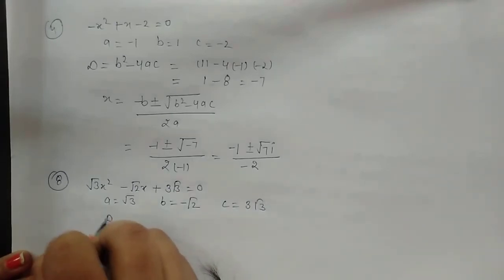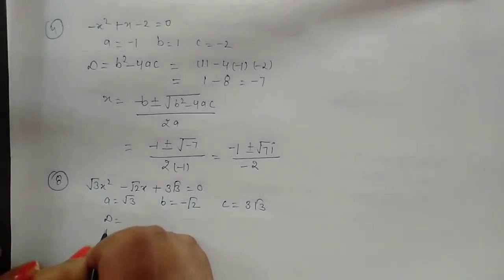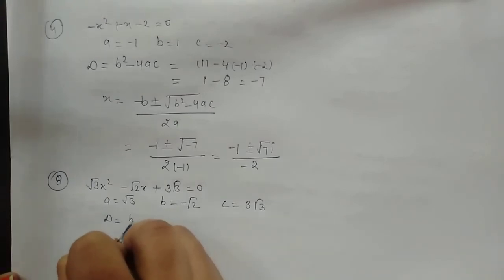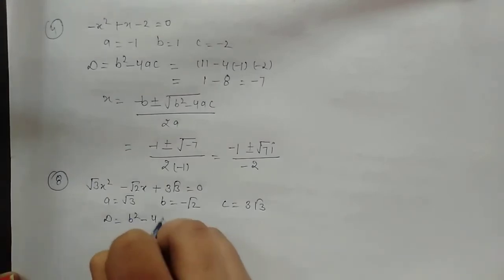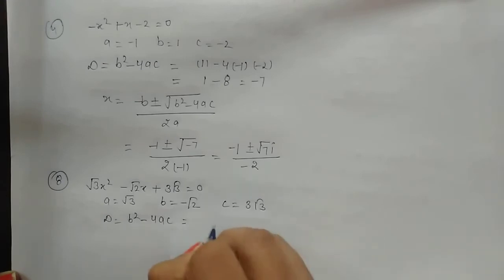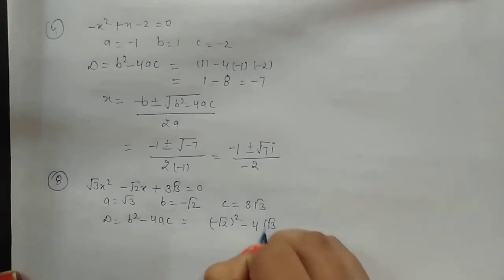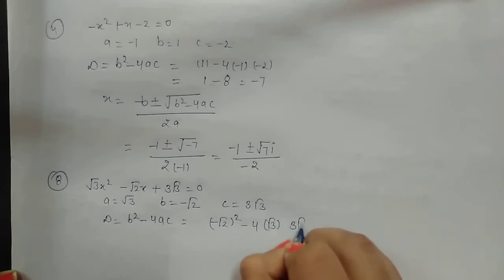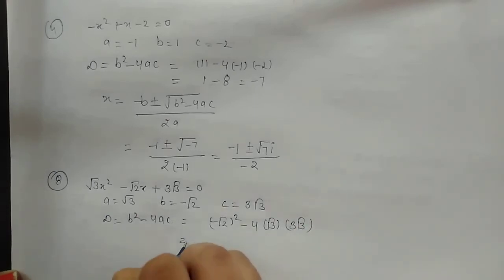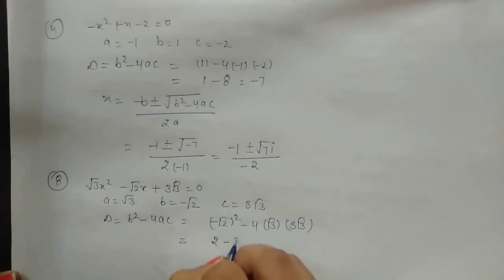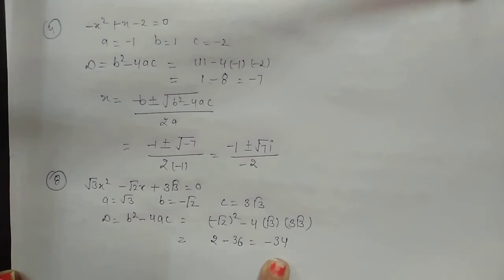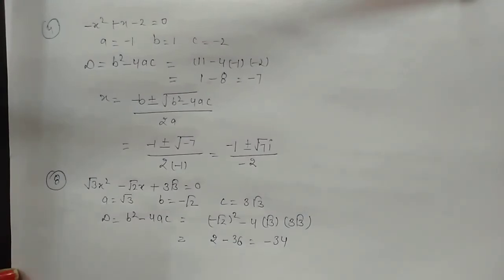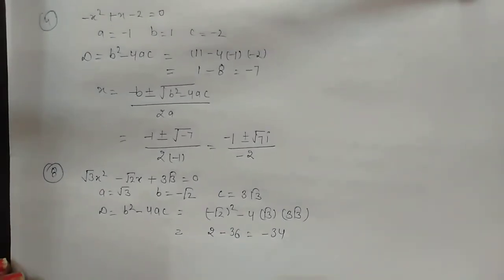Now we check whether the value is less than 0. D is equals to b square minus 4ac. Now we put the values, minus root 2 whole square minus 4 root 3 and c is 3 root 3. So we get the value as 2 minus 36, which is equal to minus 34. So again we are having the negative sign with our value, so that means this is less than 0.